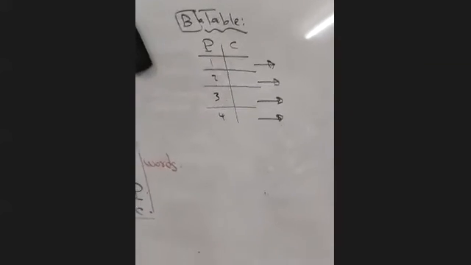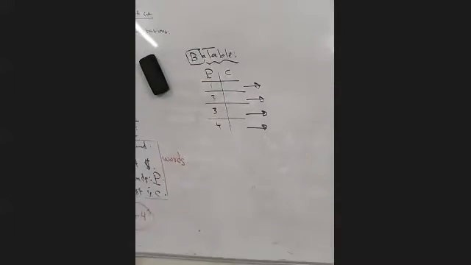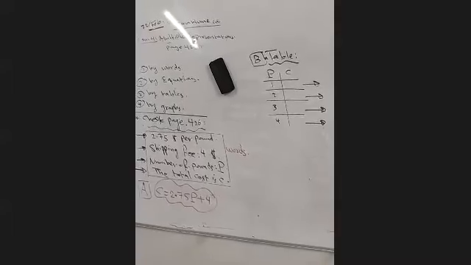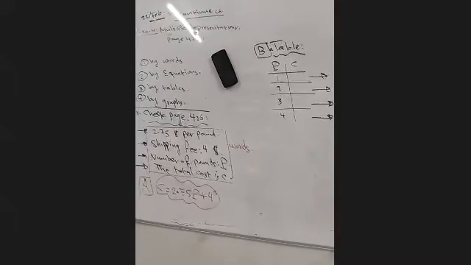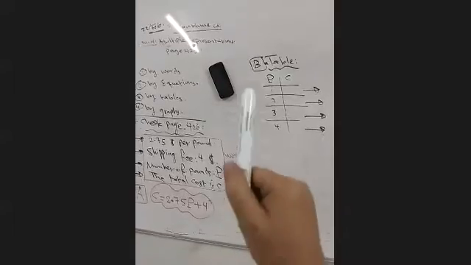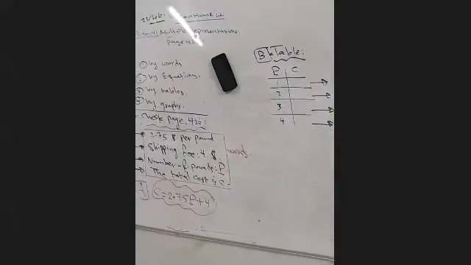From the equation. What do I do? Tell me. Hello? Are you focused or sleeping? Focus. We have P equal 1. I want the value of C. What will I do? Tell me quickly.